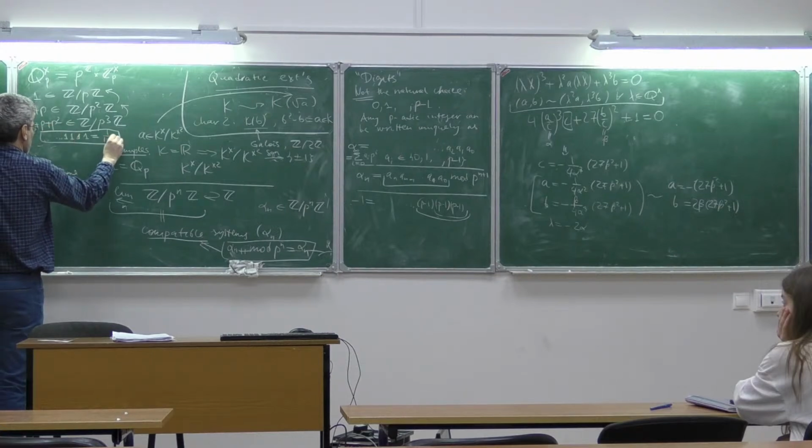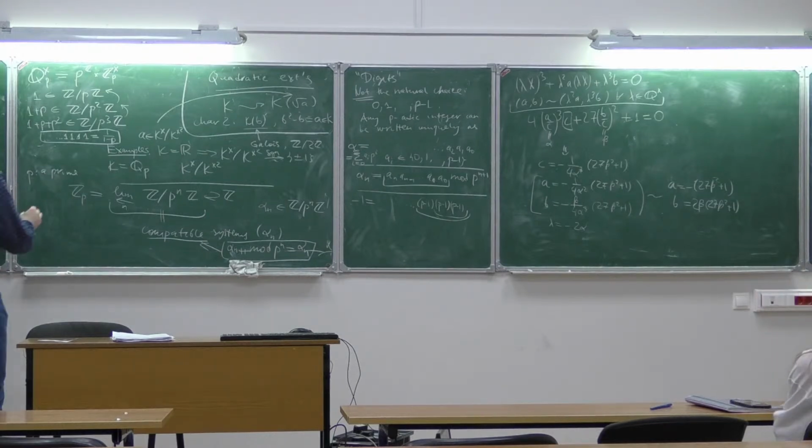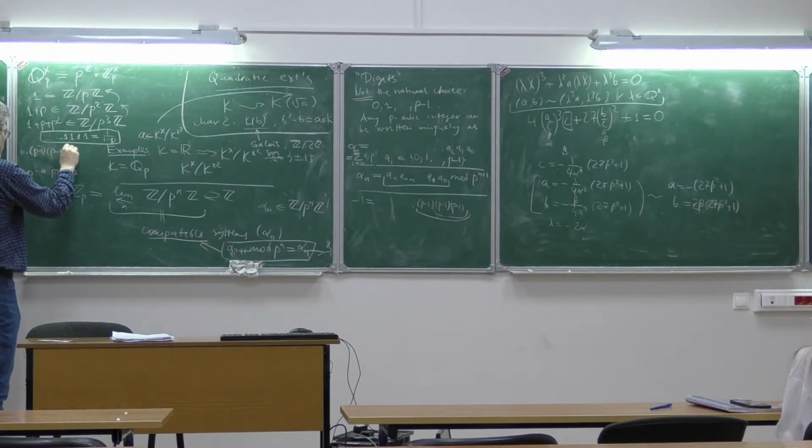And if you multiply this by p minus 1, you just get the sequence of p minus 1s. And this is -1. So that's how it works.